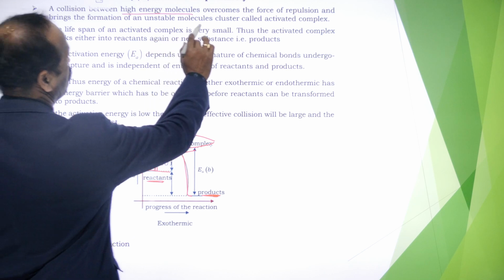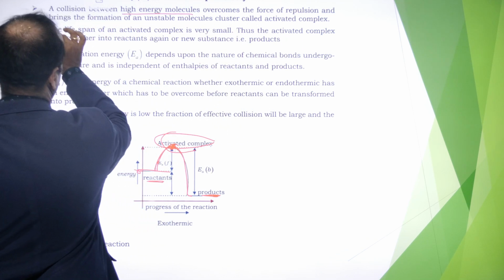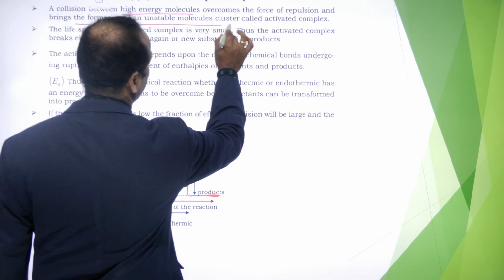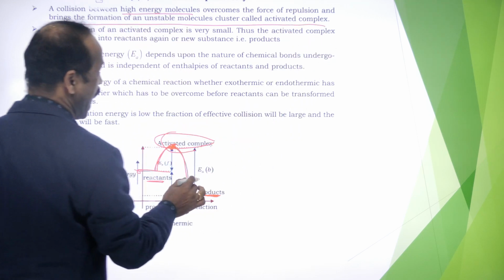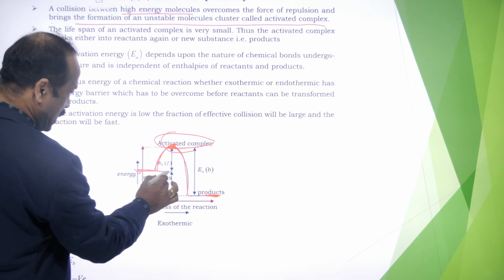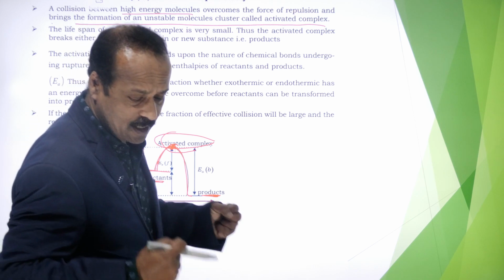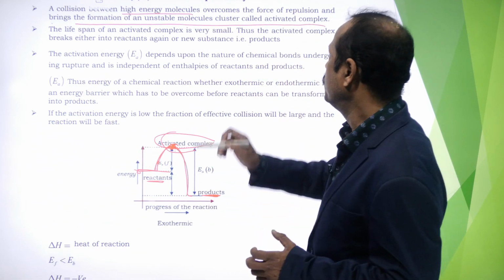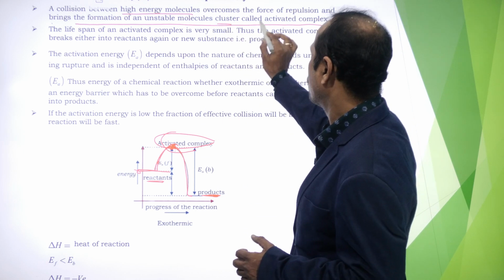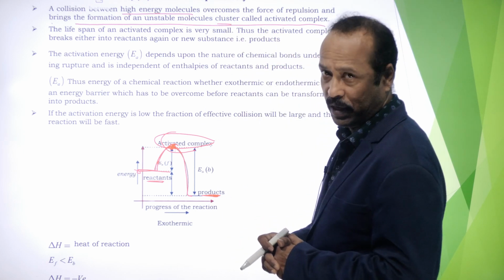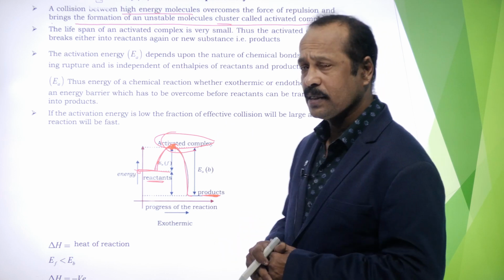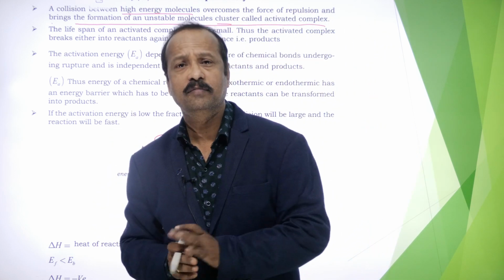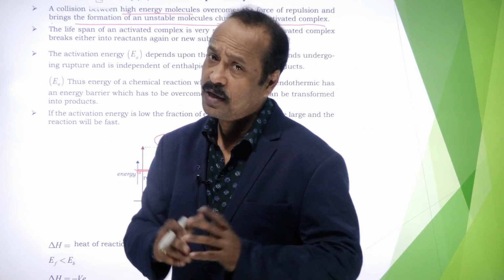So high energy molecules overcome the repulsion and bring about the formation of an unstable molecular cluster, which is called an activated complex. So these reactants, when they possess high energy, form a new cluster called an activated complex. But this activated complex is unstable. Unstable means they are not stable.